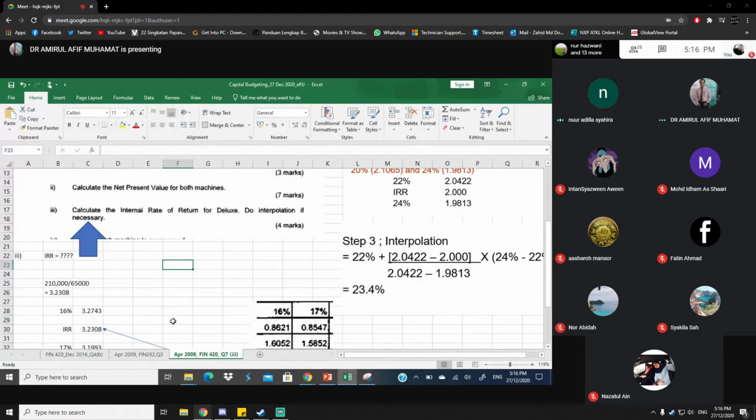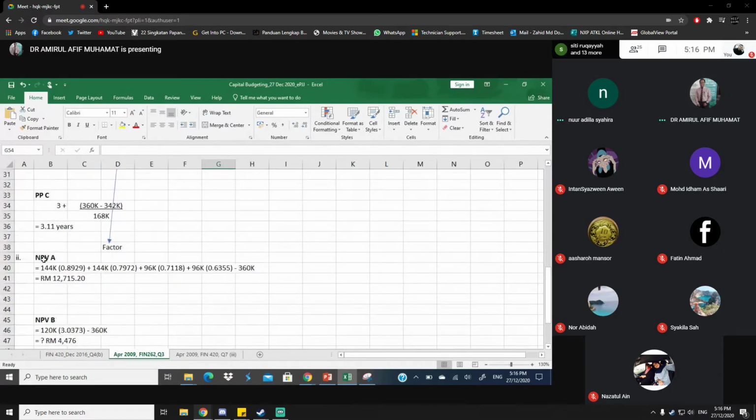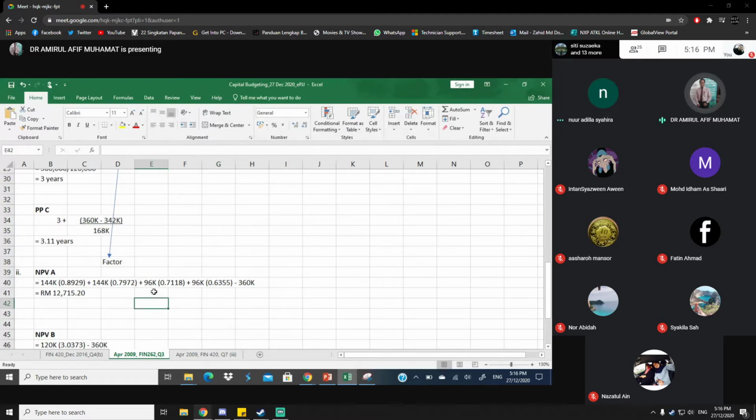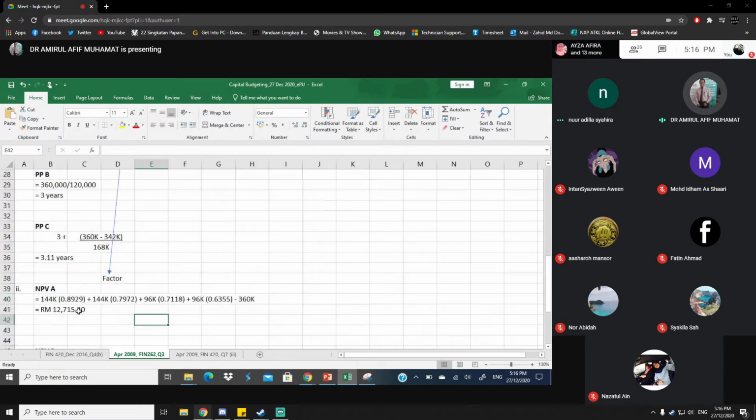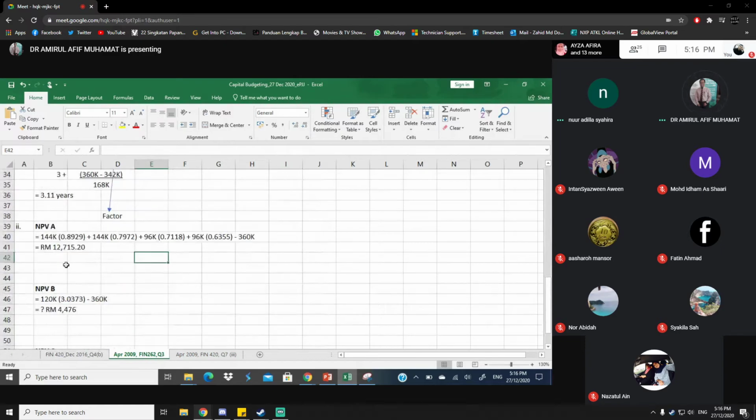Maksudnya I kira yang untuk A apa, B apa. Ini ke maksud you? Tapi cara kira lain. NPV, ni mesti masuk lambat kelas kan. So NPVA ni, NPV means net present value.